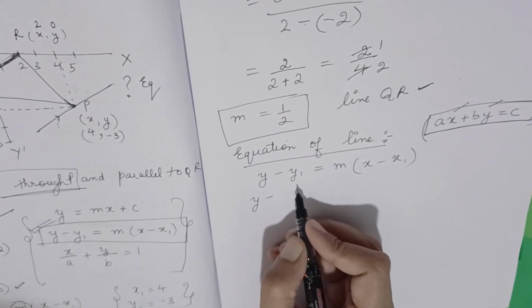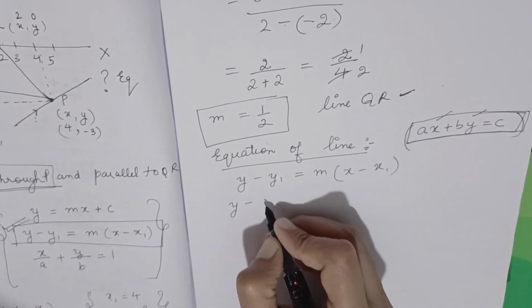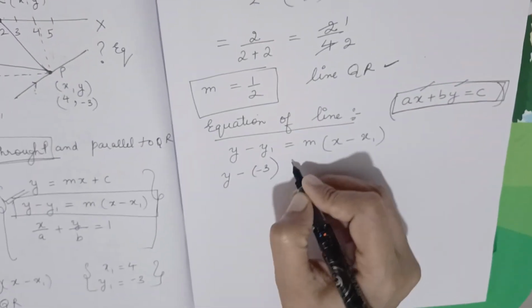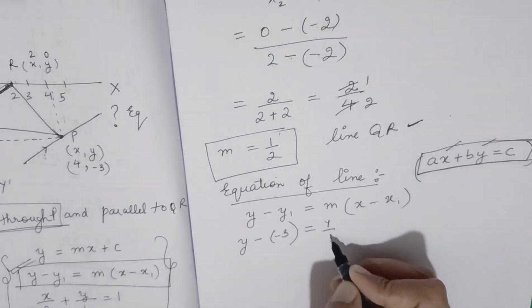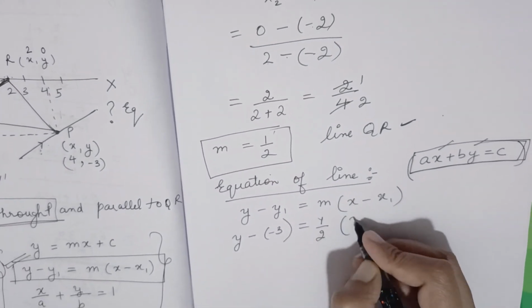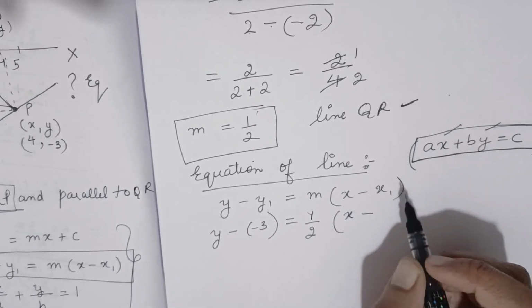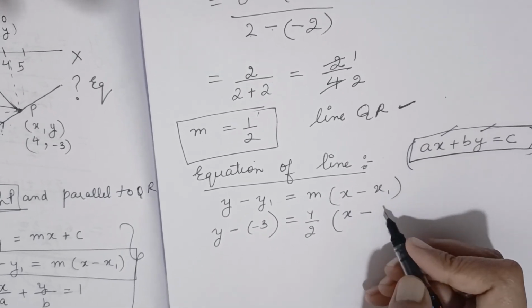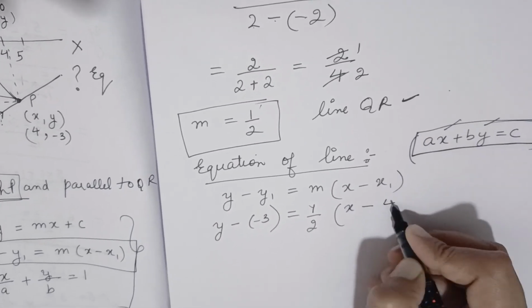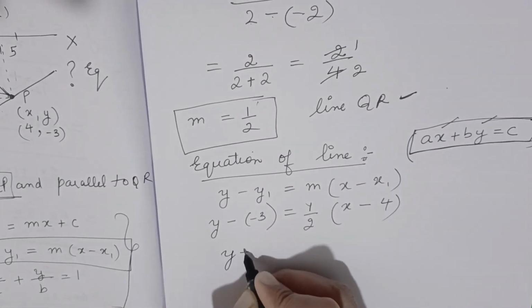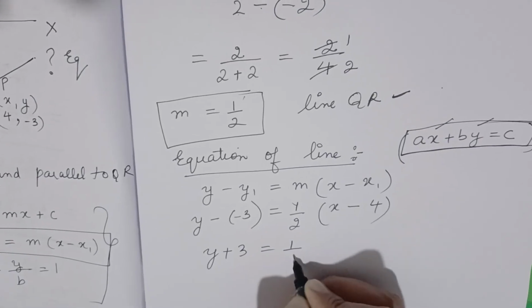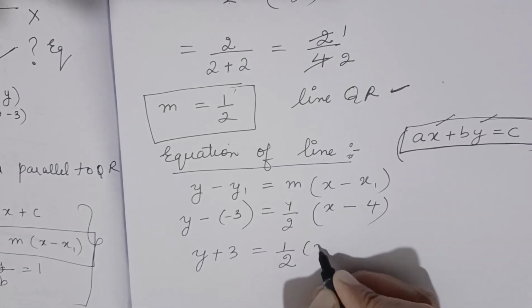So y minus y1, y1's value is minus 3. The slope's value we have just found is 1 by 2, so in place of m I am writing 1 by 2, into x minus x1. x1 is 4. So y minus minus, plus 3, equals 1 by 2 into x minus 4.